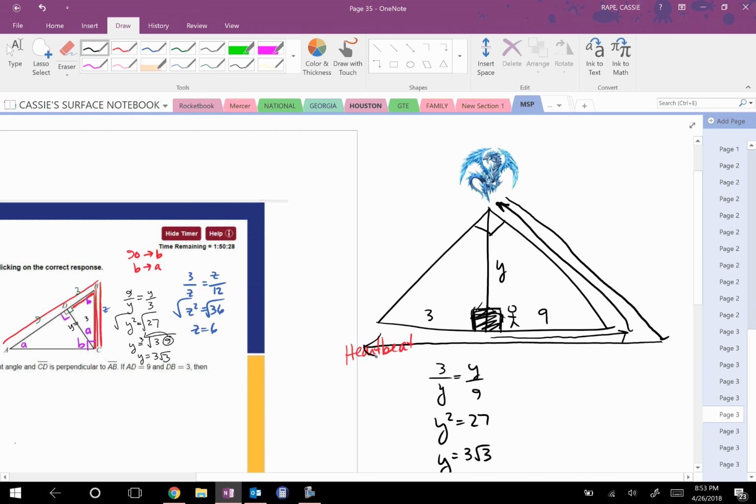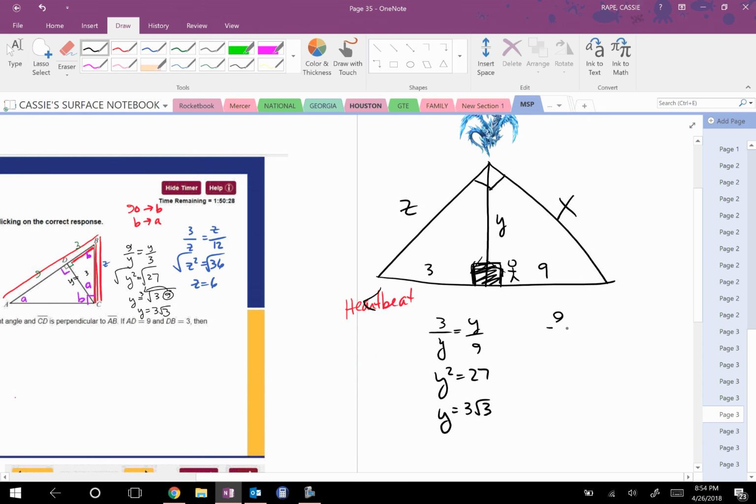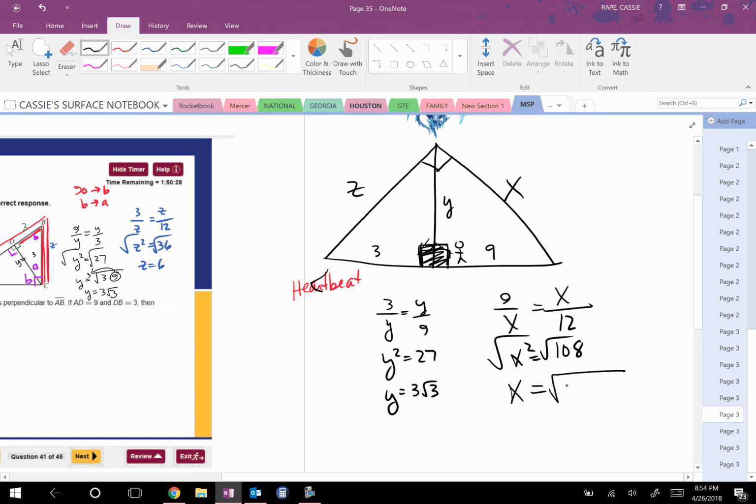Okay, so if you imagine that, the proportion, and let me remember which one this was. Let's say this was across from the X. There was an X here, and this was Z. If you put that into a proportion, it would be 9 is to X. Just follow his path. 9 is to X as X is to, he ran past his house, so 9 plus 3, which is 12. So X squared is equal to 108. Square root. X is equal to the square root of, well, I don't know the square root of 108, but 2 times 54 I do know. And 54 is 6 times 9.